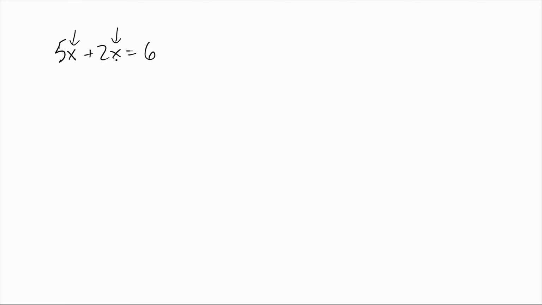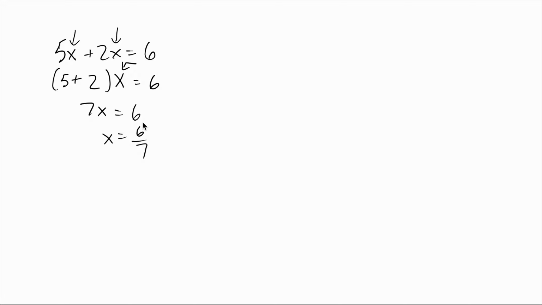How do we isolate x? Well, factoring. We can factor out a common x. 5 plus 2 is 7, so 7x. So notice we make 1x. We only want 1x when we're isolating. We don't want multiple x's. So the first step is to make sure we only have one of the guys. So x is equal to 6/7.